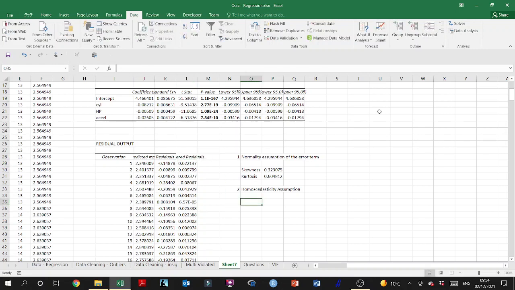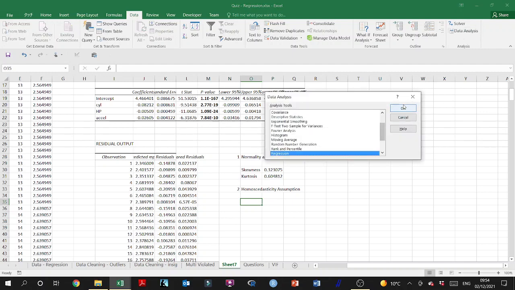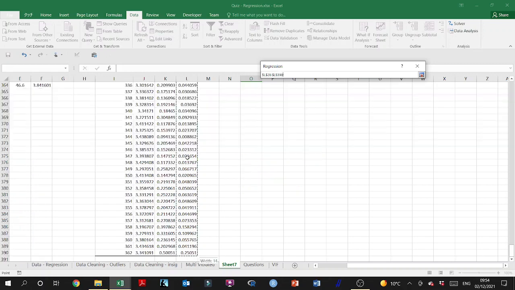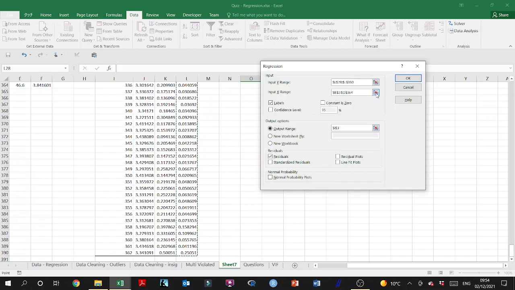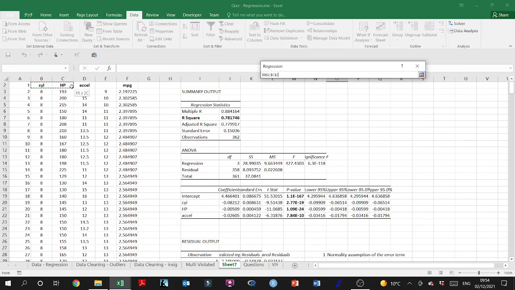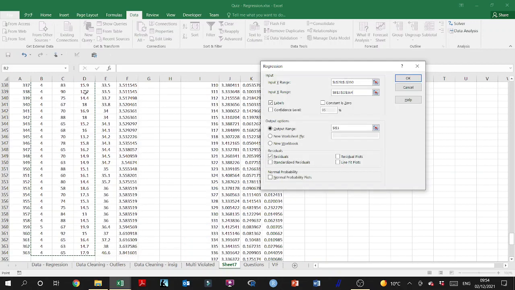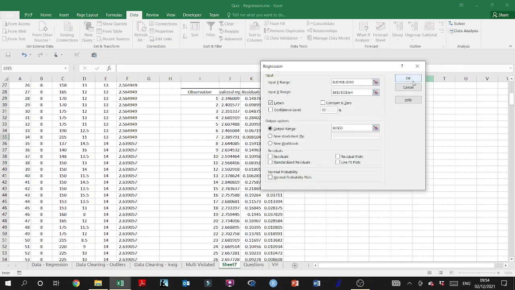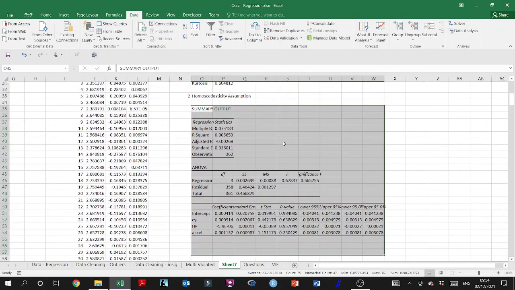And now let's put the analysis. The output without the residuals for now should be somewhere here. And here's okay. And let's see.